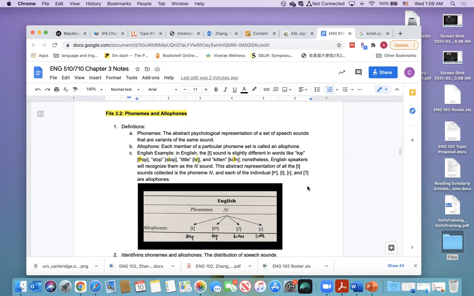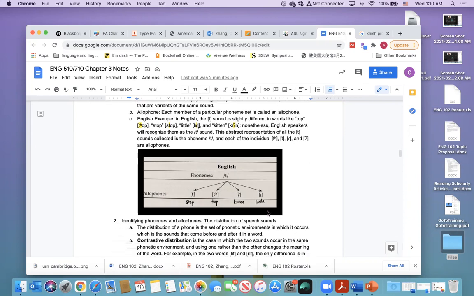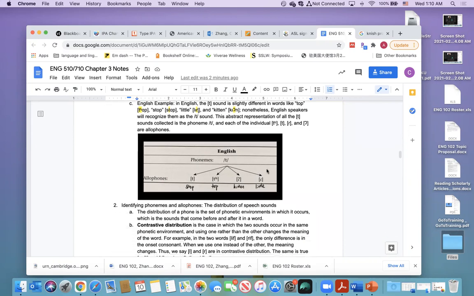And so the abstract representation of all of the t sounds collected is the phoneme, and each of the individual aspirated t and unaspirated t, the flap and the glottal stop, are all allophones of the phoneme t. Okay, as you can see from this particular illustration, this is on page 117 of our textbook. Okay.